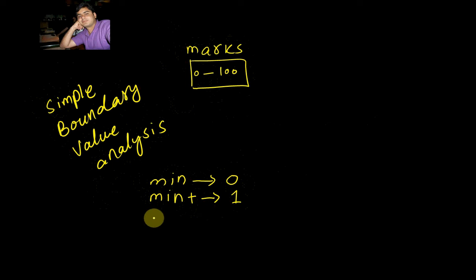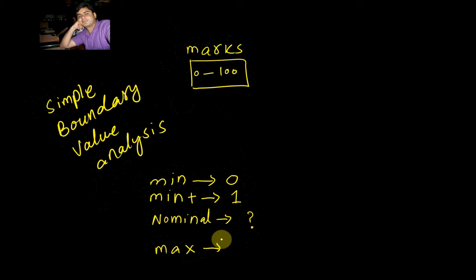Then we need to find the nominal value. Nominal value is the most typical value in between the range. Here I leave the nominal blank; I will tell you later what the nominal value is. Then we need to find the max value. The range of marks is from 0 to 100, so the maximum value of marks is 100.